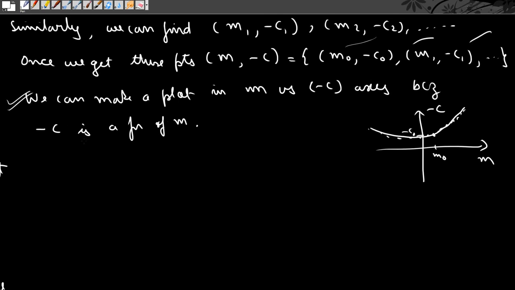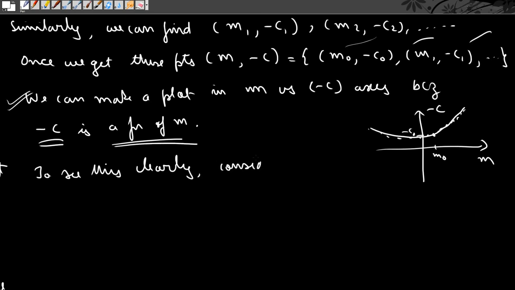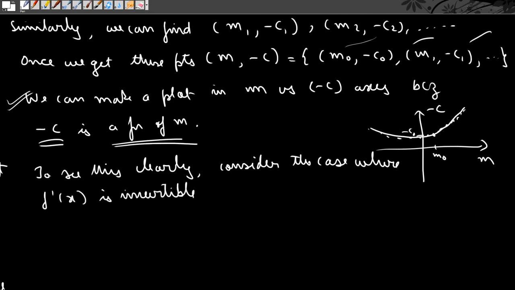So to see clearly the fact that minus c is in fact a function of m, consider the case where f dash of x is invertible, which means f dash of x is a 1-1 function.